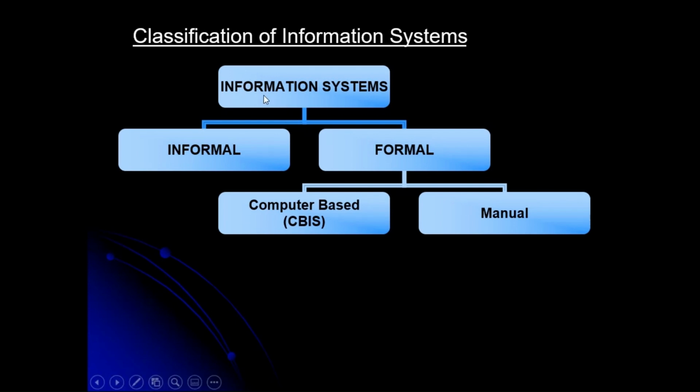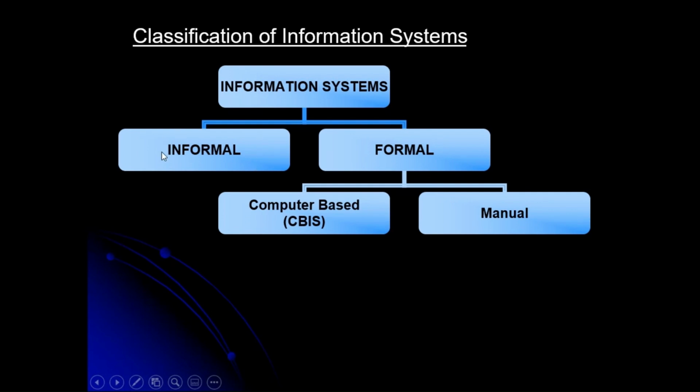So there are two categories: informal and formal, and formal you can further break down into two: computer-based and manual. Right, so let's discuss these information systems with an example.